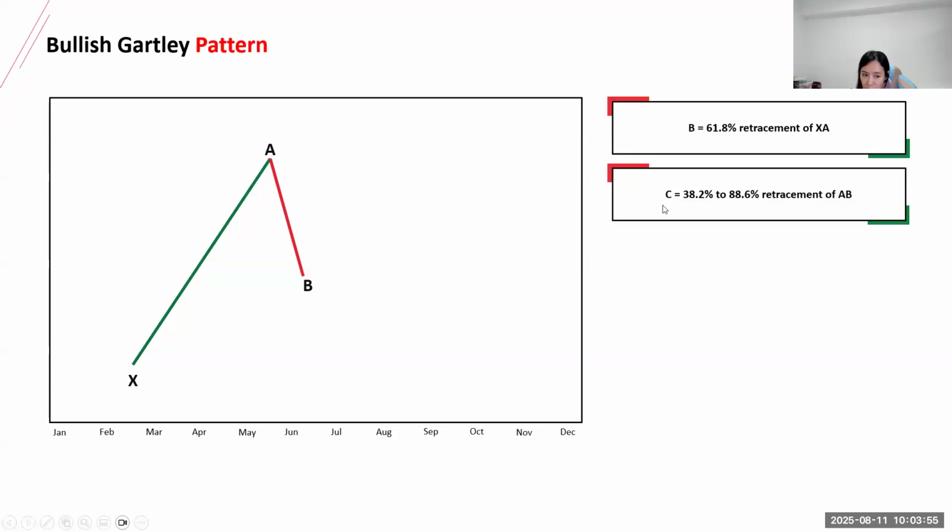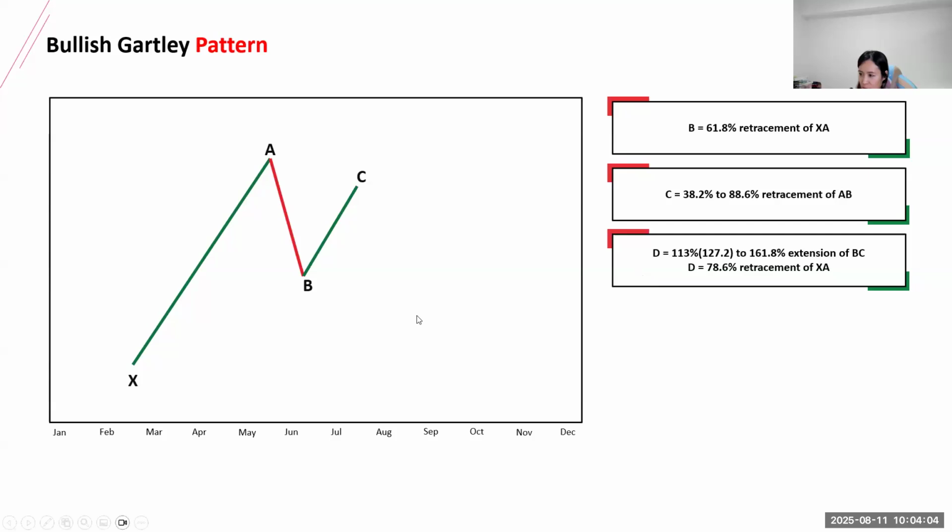Same, C never changes. D leg, you will get either 113, 127, or 161 extension of BC, and another way to measure D is from X to A at 78.6%. When the Fibonacci lines up together, you get a Gartley pattern.